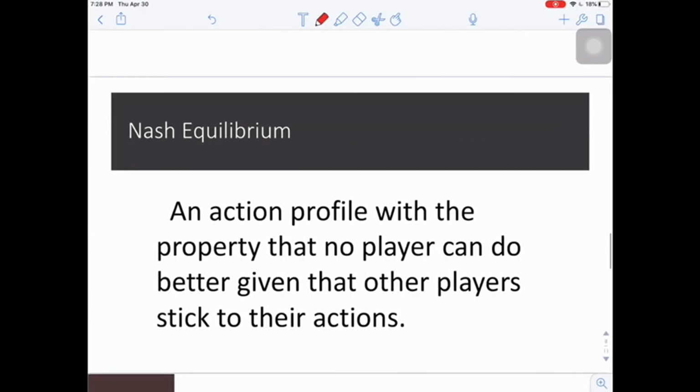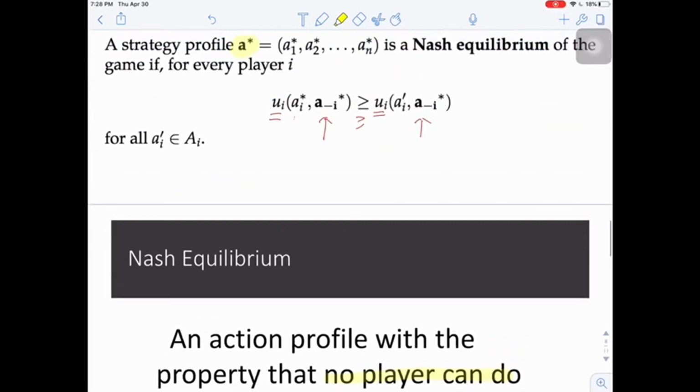In other words, Nash equilibrium exists when there is an action profile with the property that no player can do better, given that other players stick to their actions. So other players' actions won't change, and you have the action profile which can give you the maximum payoff.